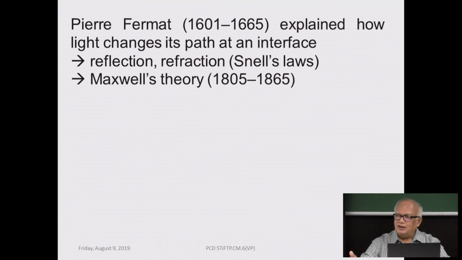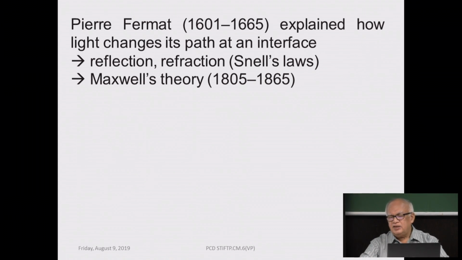But if light lands obliquely, then it gets reflected, it can get refracted. And why does light take the path that it does? How do you describe it? Is there a governing principle which will describe this accurately? So this is what we find in Snell's laws, for example.